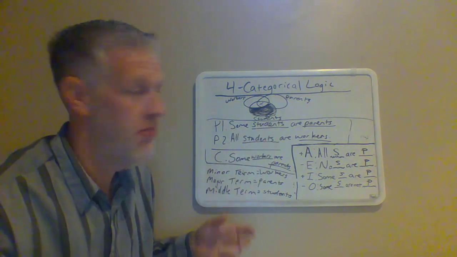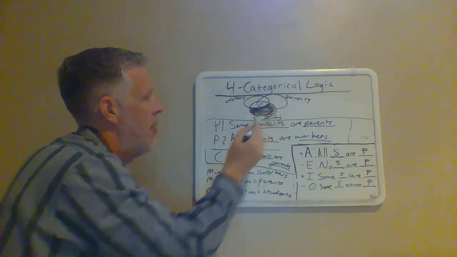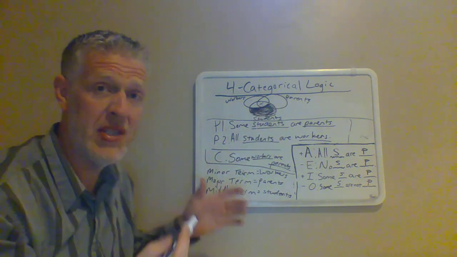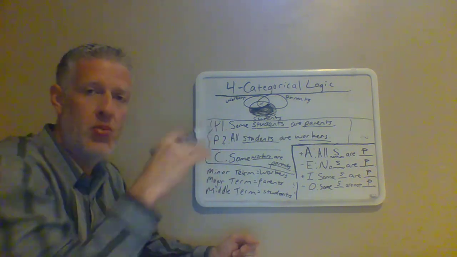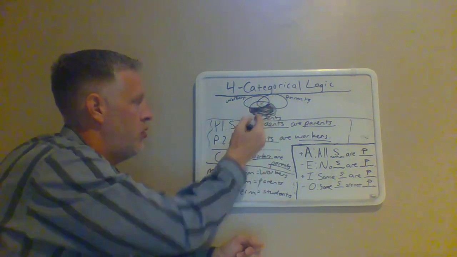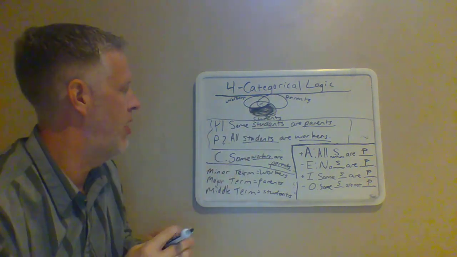Maybe it was just one, maybe it's 7 million, but we do know that there are some workers who are also parents, given our diagramming of the premises. So this is a valid argument. Just by diagramming the premises, just by assuming the premises are true, we see the conclusion has to be true. The conclusion follows. We can see this just from the illustration of the premises.